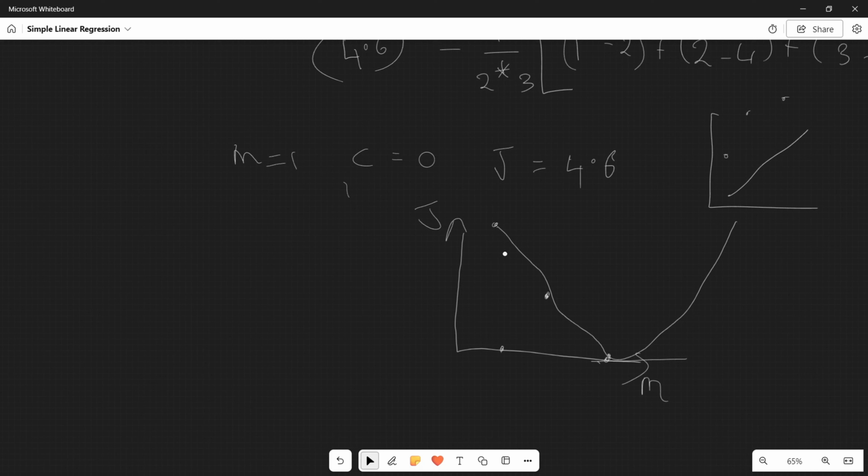Now I think you should have guessed what I would be saying. We have to try out several slope values: m equal to 1, m equal to 2, m equal to 3, to find for which m value my cost function is minimal, the global minimum. This particular problem statement is a tedious one.